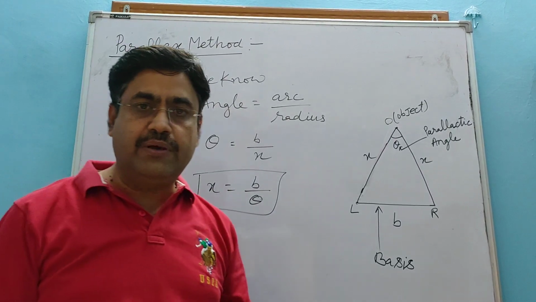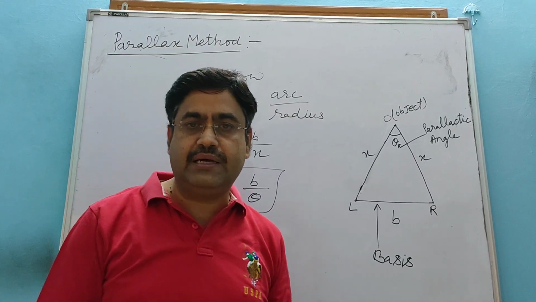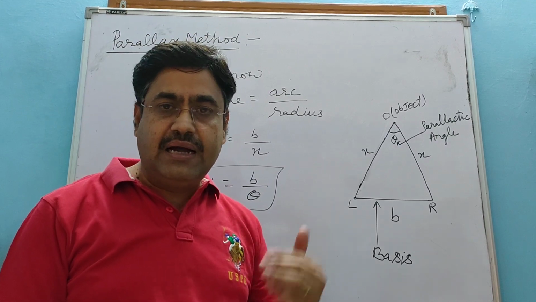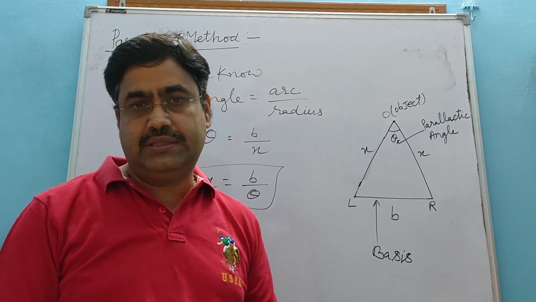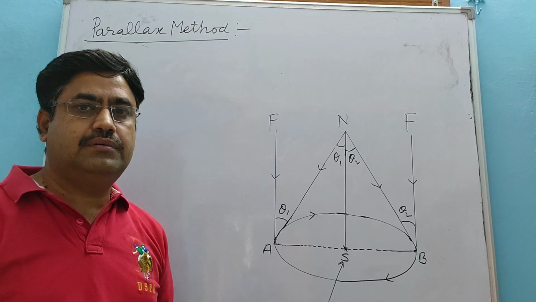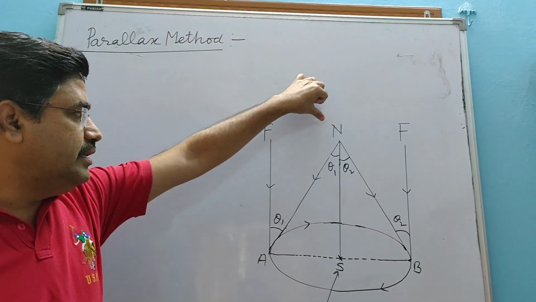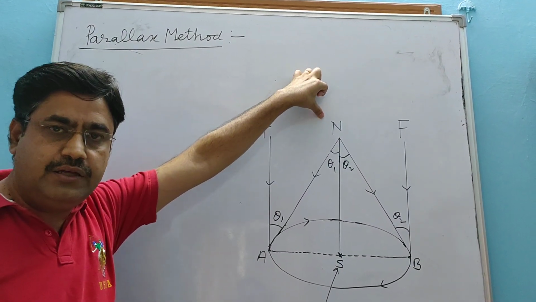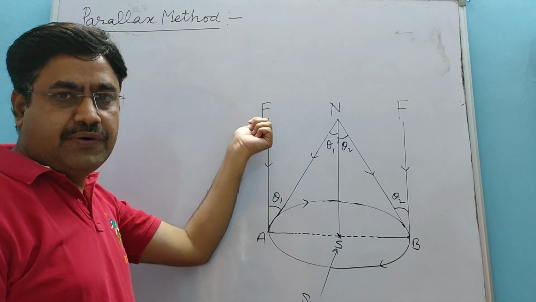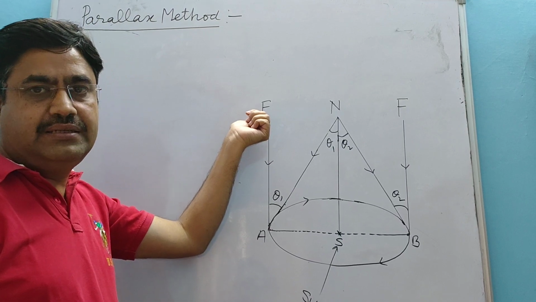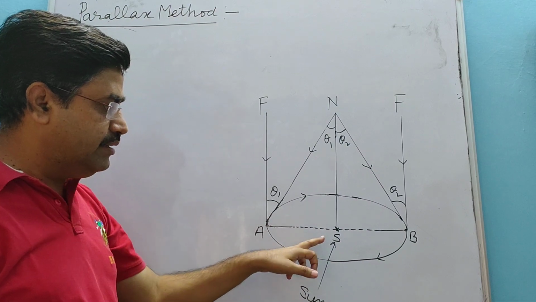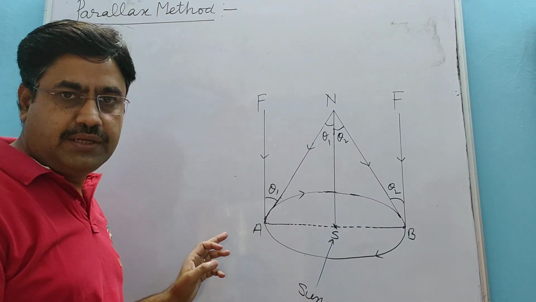Now we have to use this method to find the distance of a nearby star, which is less than 100 light years from us, not more than 100 light years. Okay? We have to find the distance of nearby star n using the parallax method. F is a far-off star whose direction does not change even though Earth is revolving about the sun continuously.